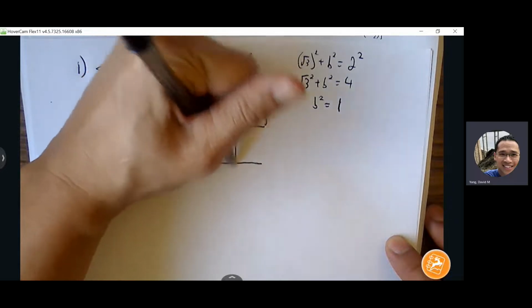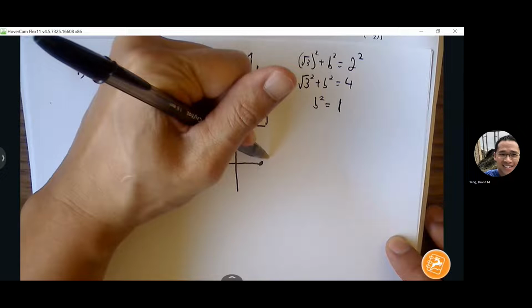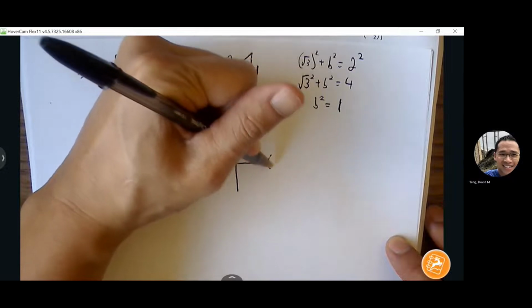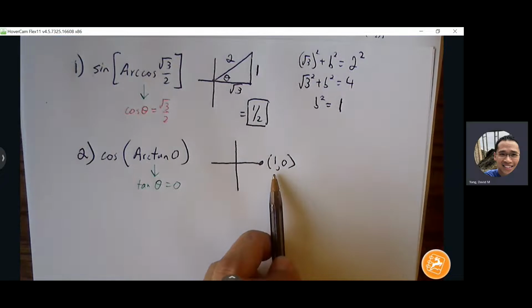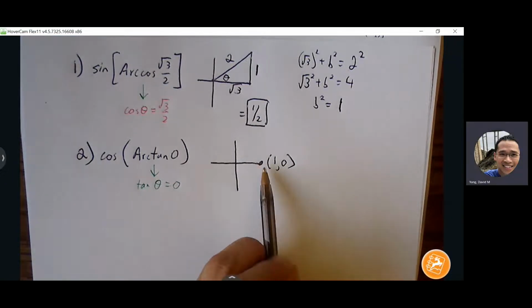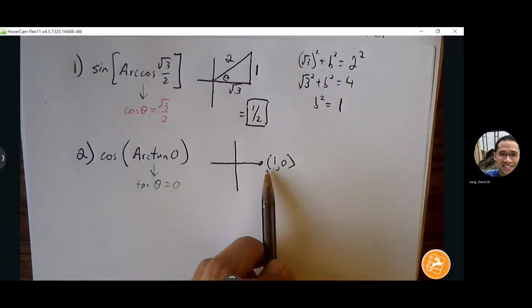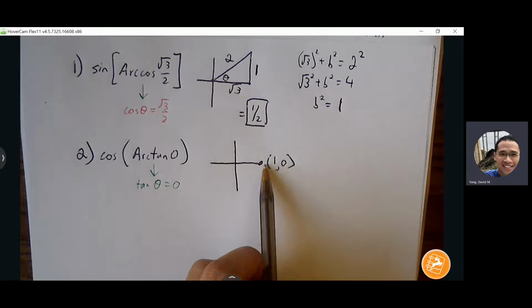So where's tangent equal to 0? At this point, right? Tangent of theta is equal to 0 when theta is 0, 0 over 1.